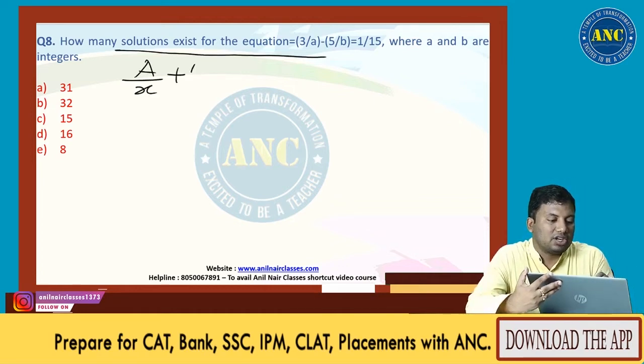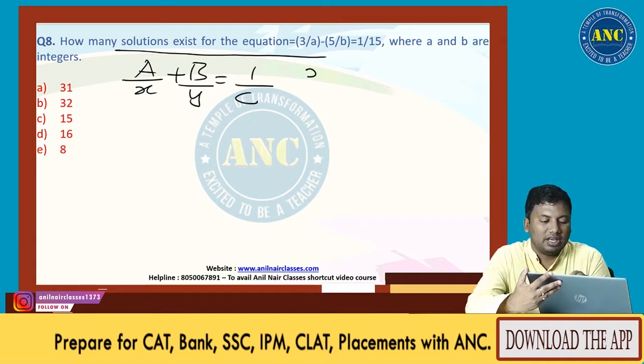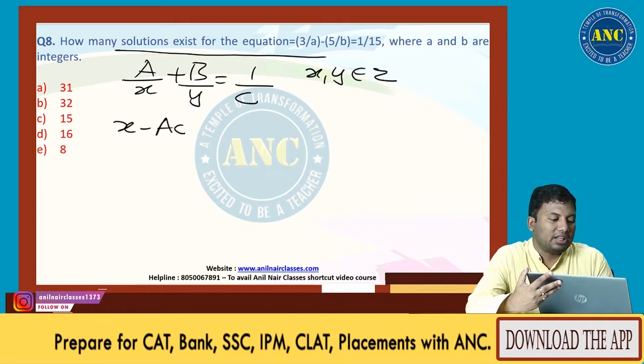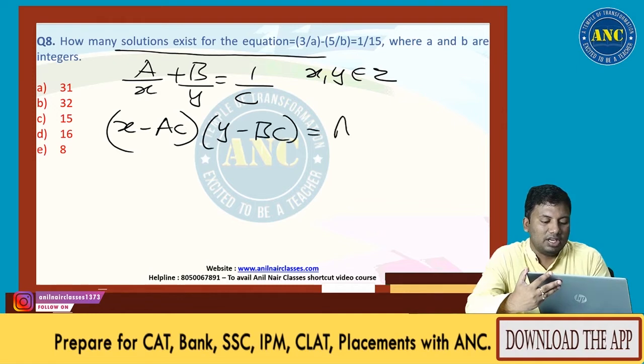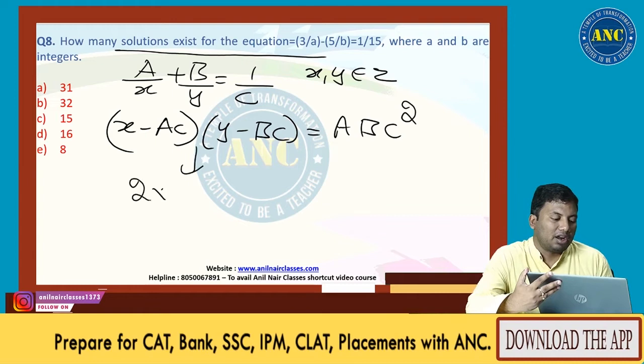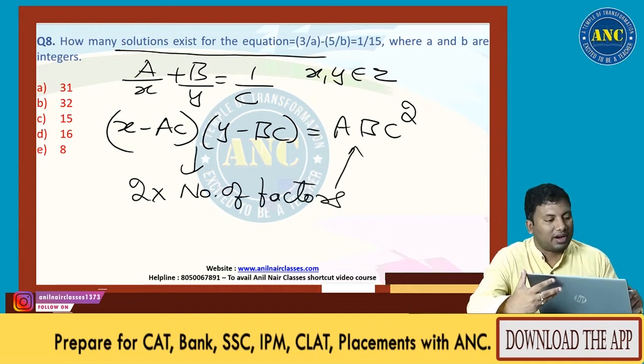If the equation is of the form a by x plus b by y equals 1 by c, and if x and y are integers, directly you can write the equation as (x minus ac) into (y minus bc) is a into b into c square. The number of integral solutions is 2 times the number of factors for this number.